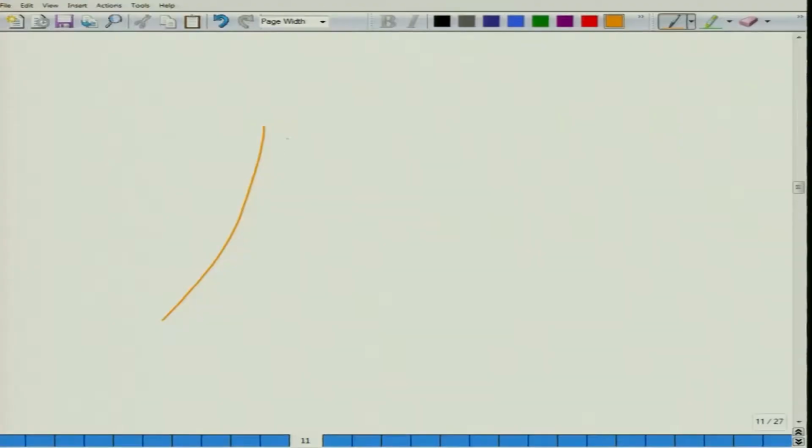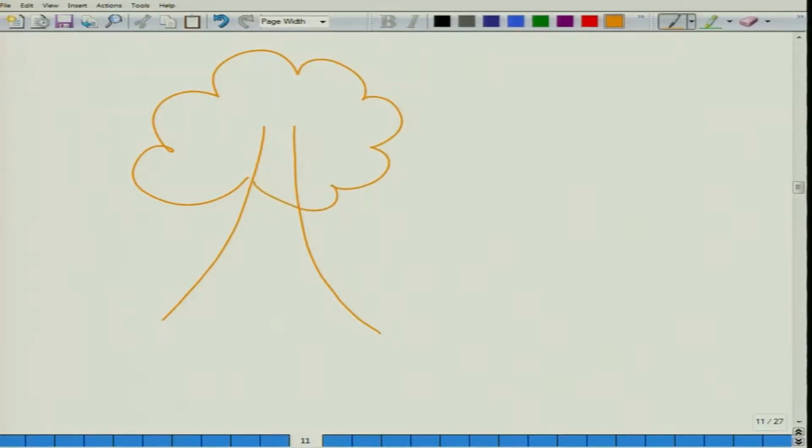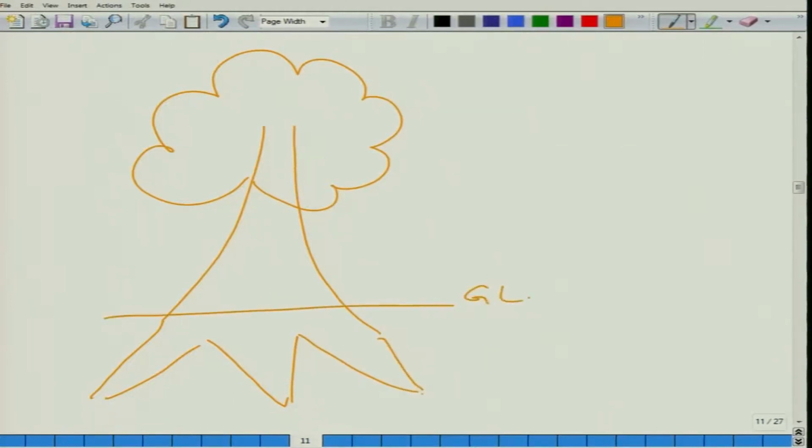Consider the shape of a tree. Now, it will be having roots below. So, suppose these are the roots and this is the ground level. Now, the nutritional theories and the water conducting theories state that because this tree needs to take water and nutrients from the bottom to the topmost portion, it tries to optimize how much distance it has to carry this water.